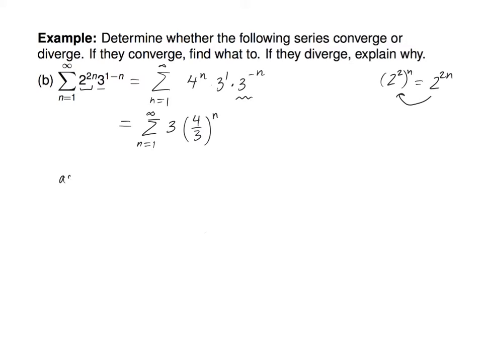So as r is equal to 4/3, and the absolute value of r is bigger than 1, this series does what? Diverges. I was kind of expecting one of them to converge. Well, we had those in the previous slides, and example 7 will converge.